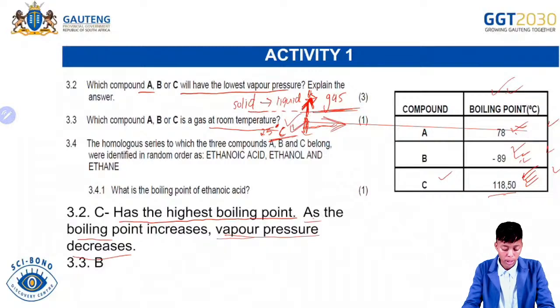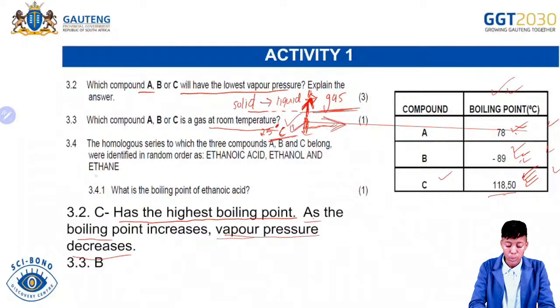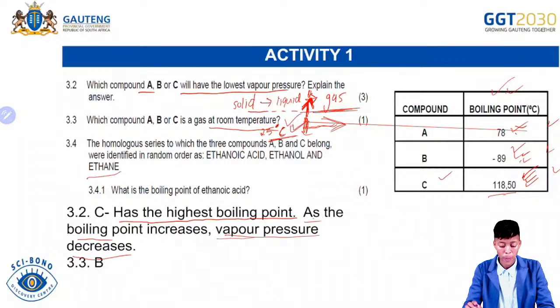Then 3.4, it says the homologous series to which the three compounds A, B, and C belong were identified in random order as ethanoic acid, ethanol, and ethane. Then it says, what is the boiling point of ethanoic acid? So again, you need to use that table that we started with. Remember, we said we have London forces, and under London forces we have triple A. So already we can see that ethane belongs under the triple A, which is your alkane, alkene, and alkyne.